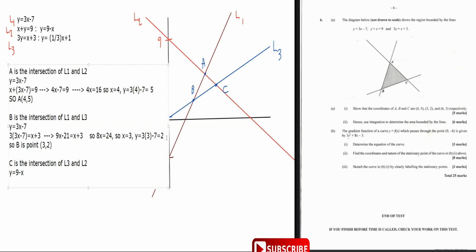And then L3 was 3y, so it's 3 times y, which is 9 minus x, equal to x plus 3. So we can go ahead and solve this now, and we get 27 minus 3x is equal to x plus 3.